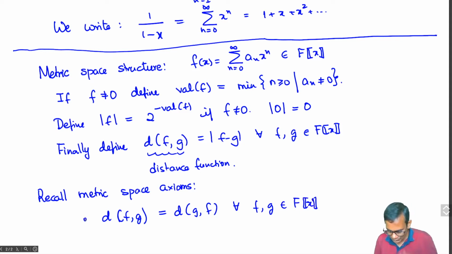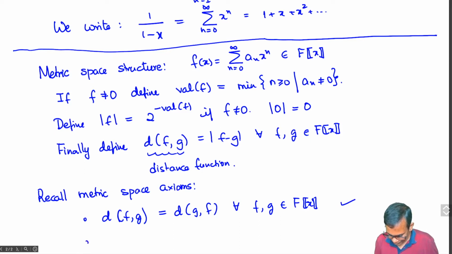And this is not difficult to prove. The thing to note is that the valuation of minus f is the same as the valuation of f. So the norm of f minus g is the same as the norm of g minus f. So this one's pretty easy.